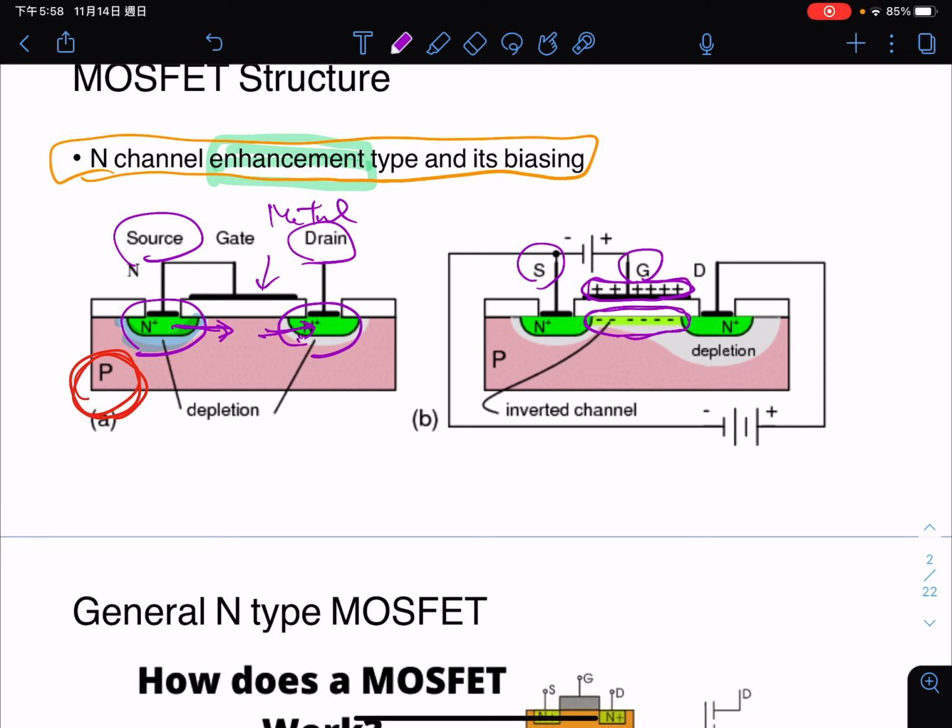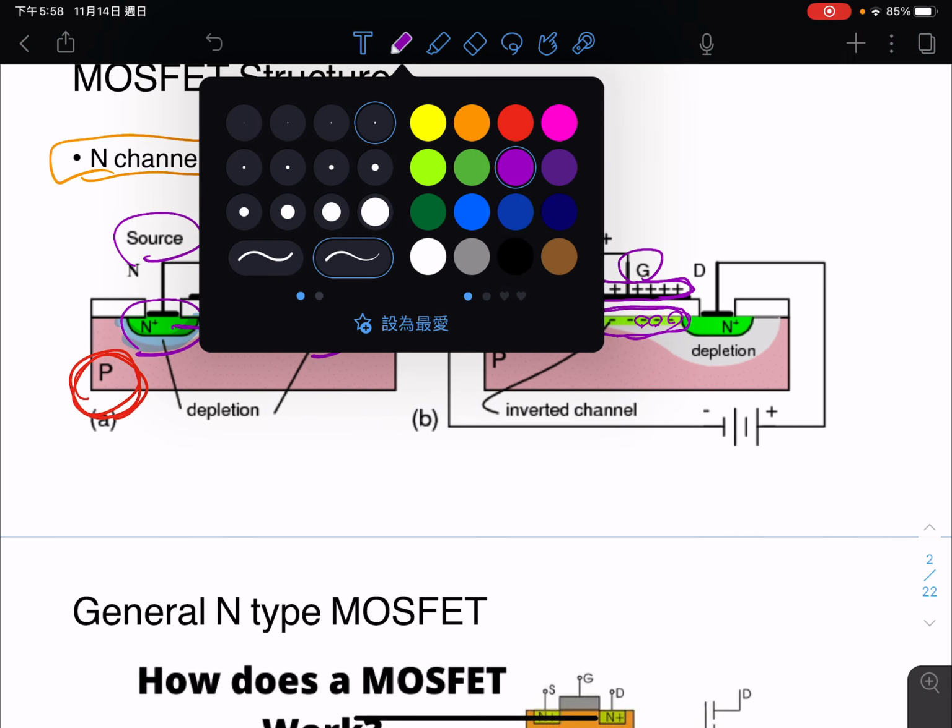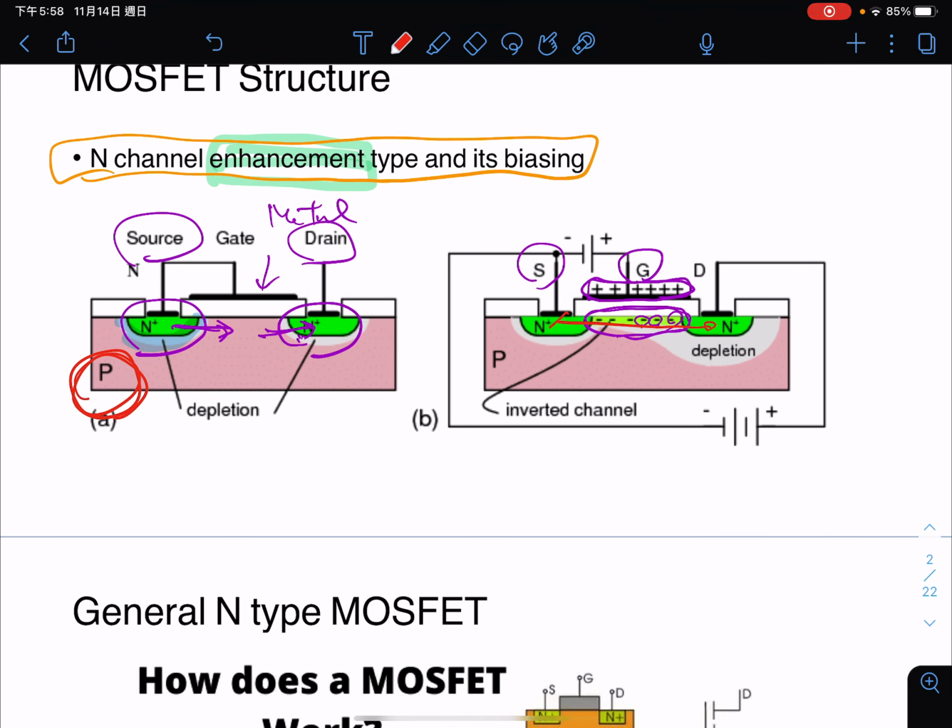And we have the electrons here, and this creates a tunnel such that we can have current flow through the drain and the source, from here to here, if we apply a positive voltage across D and S. Now we can have the current flow through here because we have a new tunnel.